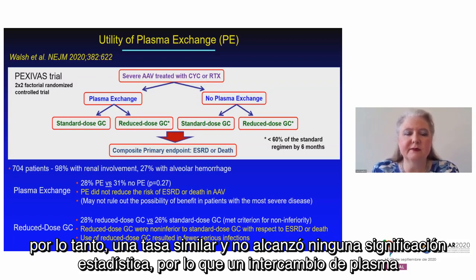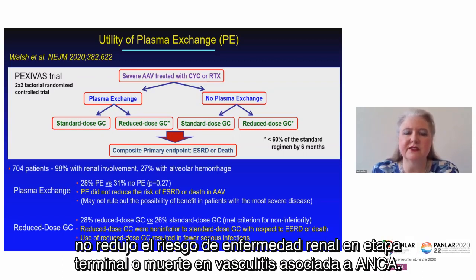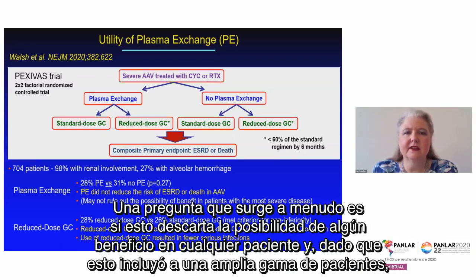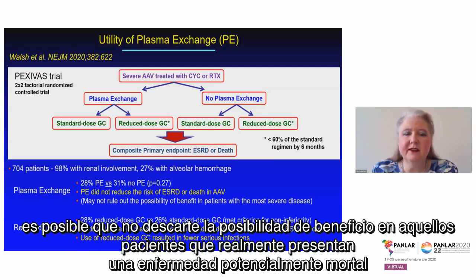So therefore, plasma exchange did not reduce the risk of end-stage renal disease or death in ANCA-associated vasculitis. One question that has often arisen is whether this rules out the possibility for any benefit in any patient. And as this enrolled a wide range of patients, it may not rule out the possibility of benefit in those patients with truly fulminant, life-threatening disease.